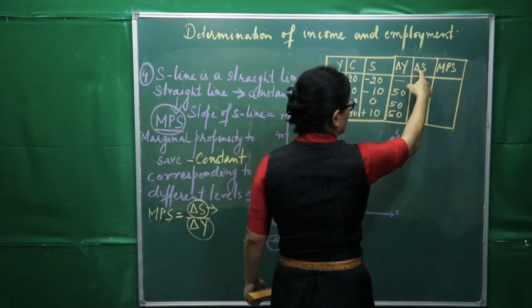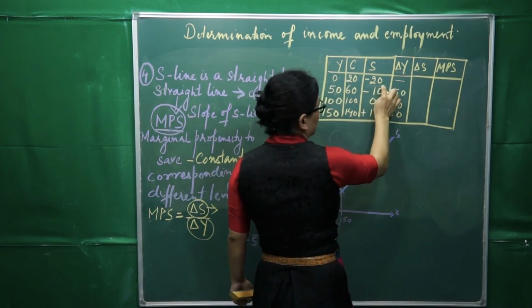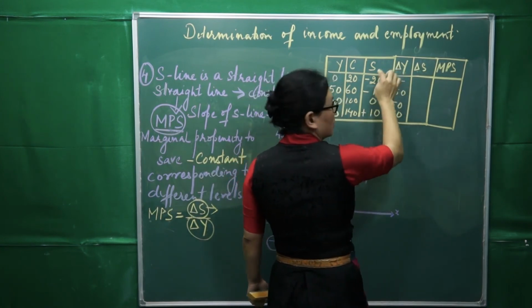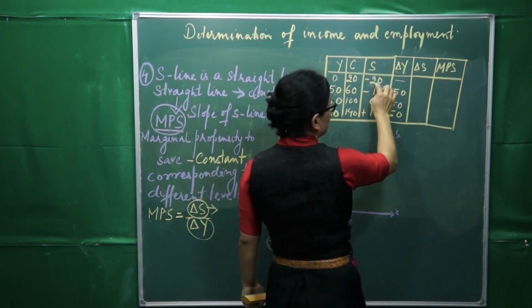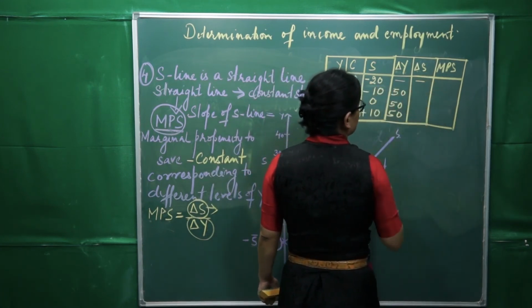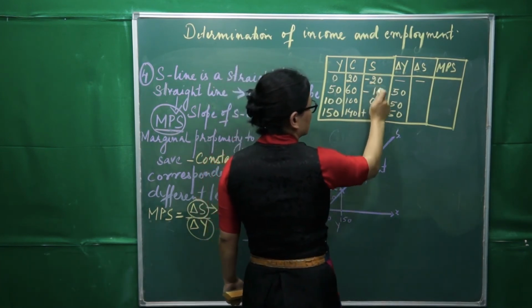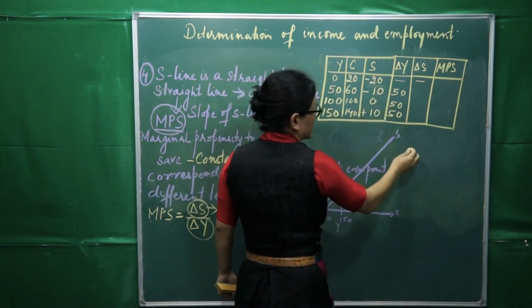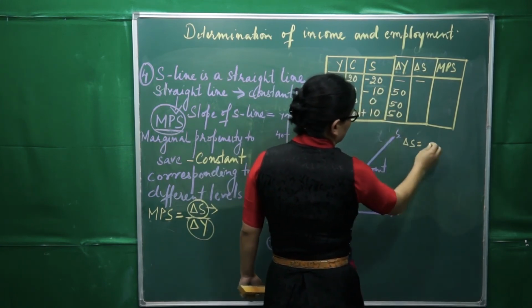Now see this, change in S, saving. Initially we are not able to get any change in this, so we'll just keep it like this. Now the second one, the difference between these two we have to take. So change in S will be how much?